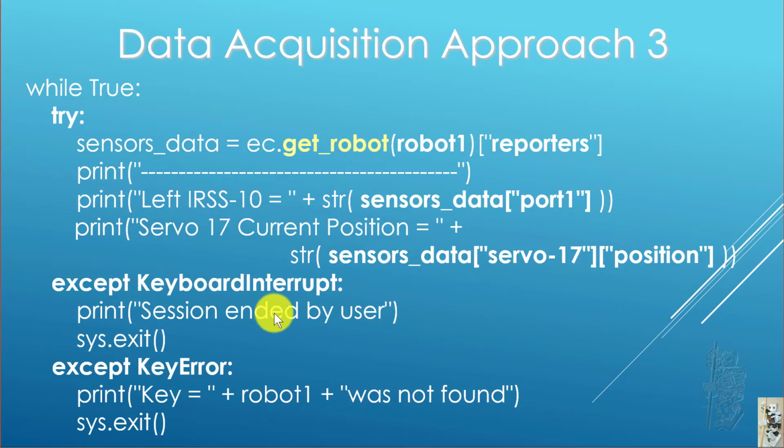Approach 3, you can be more professional. This is what the Edbot people use in their own code. You do a try block with exceptions. Everything that you want to program goes inside the try block, and then here I'm monitoring for keyboard interrupt and key error.